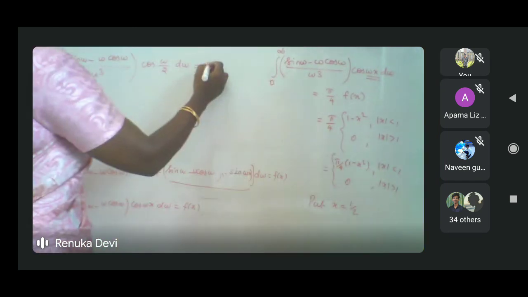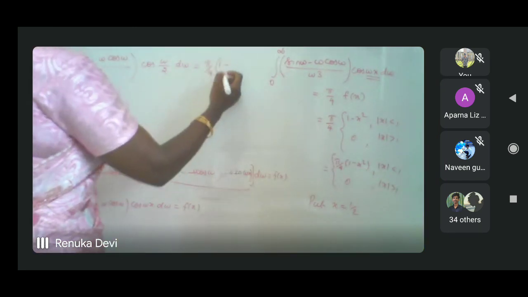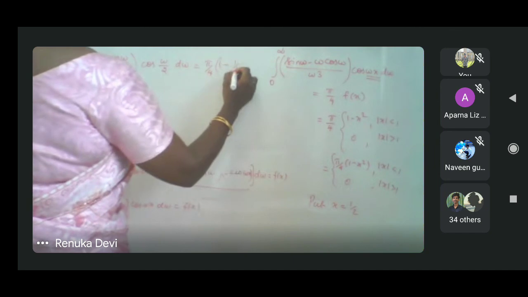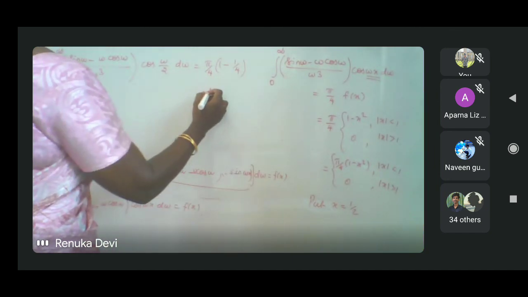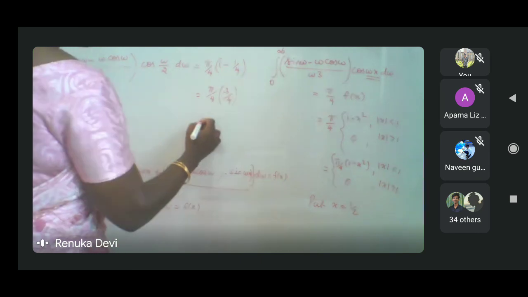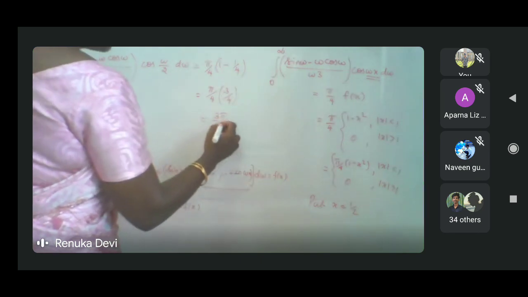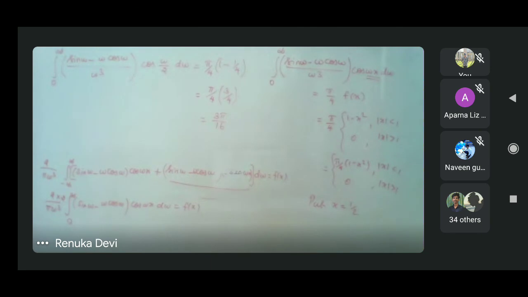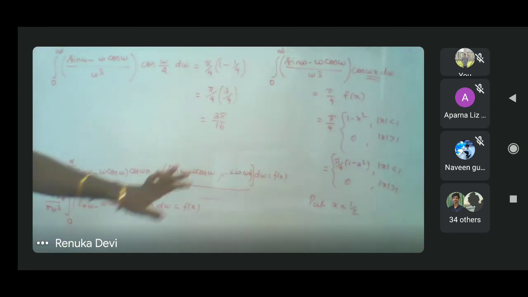Pi by 4 into (1 minus x square, which is 1 by 4), that is pi by 4 into 3 by 4, equal to 3 pi by 16. So the integral can be evaluated and the value is 3 pi by 16.